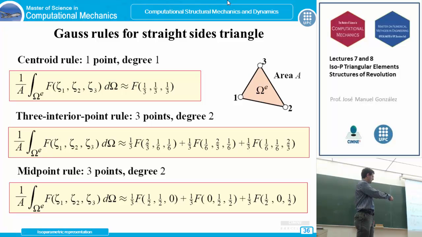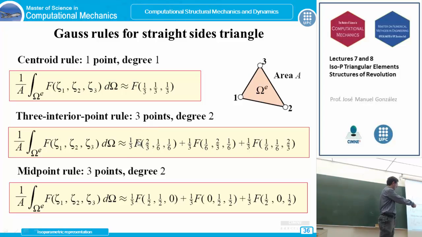They could be in the interior of the triangle, or they can be on the sides of the triangle, at the midpoints of the sides. So we are going to talk about these open quadrature rules and these closed rules for integration depending on the location of the points. But anyway, we have 3 points.